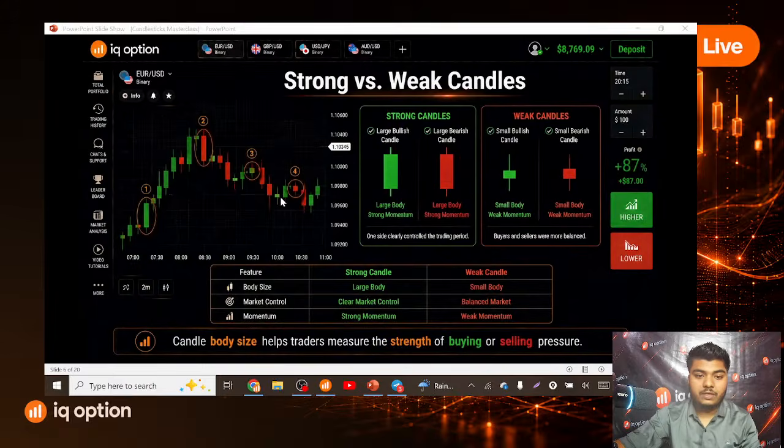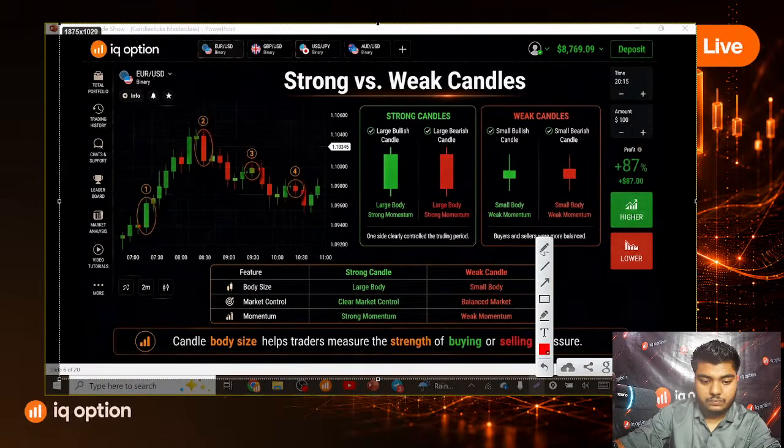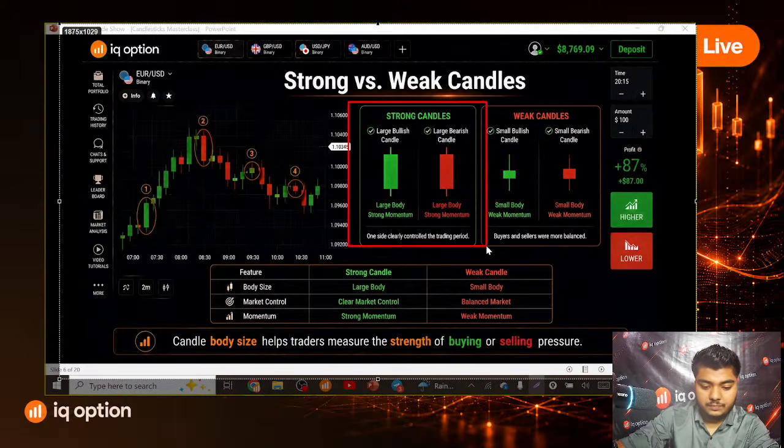Our next topic is very important: how we can identify which candlesticks are strong and which candlesticks are weak. So let's see here. On the left, we have large body candles.